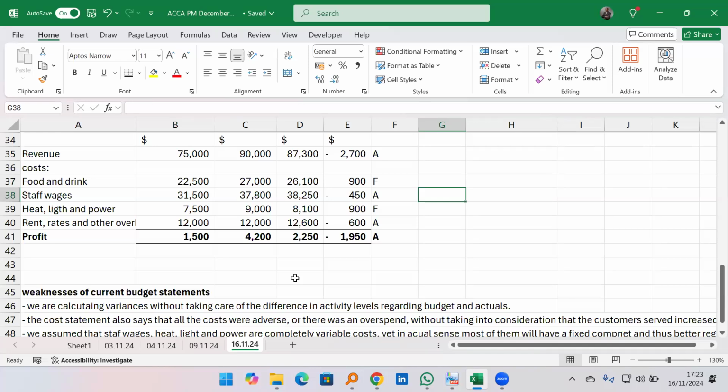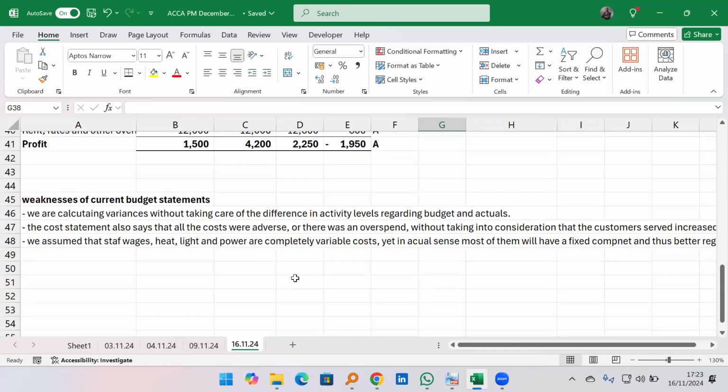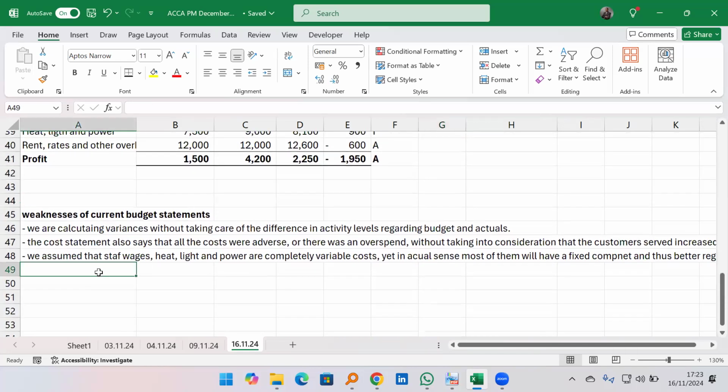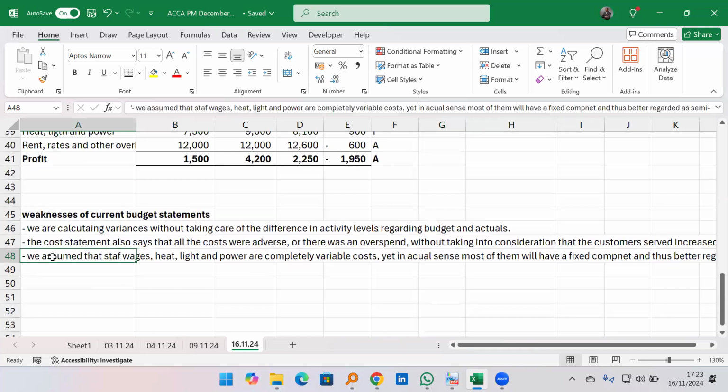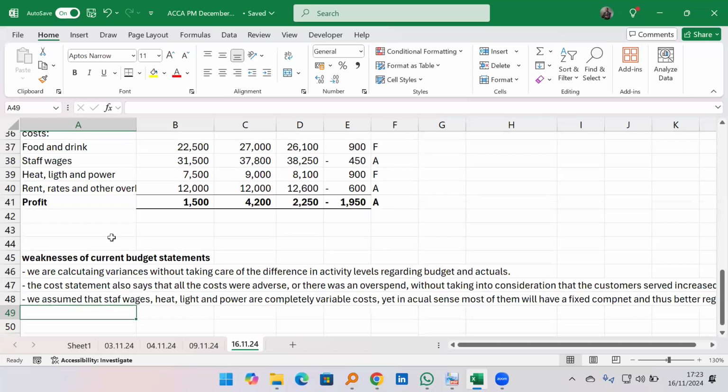The problem here is that they're not asking us to explain, but they are just looking at the fact that considering these things to be completely variable is a mistake, because they normally have that aspect of being semi-variable, whereby they have a fixed component and then also a variable component. So that is one problem.